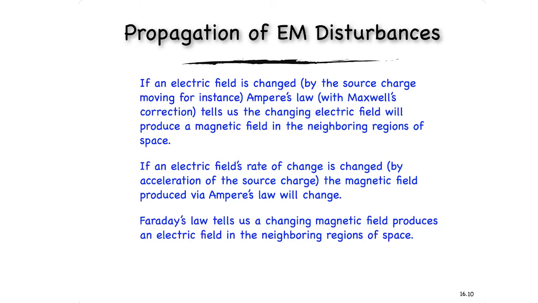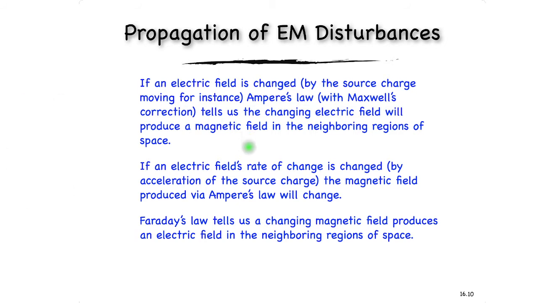And Faraday's law tells us that a magnetic field passing through a circuit produces an electric field around that circuit. It produces an EMF, which is basically an electric field circulating around that circuit. And if the magnetic field is changing, then the electric field amplitude is changing.